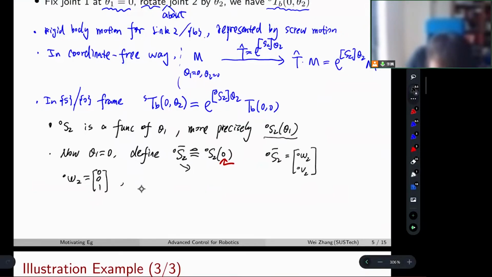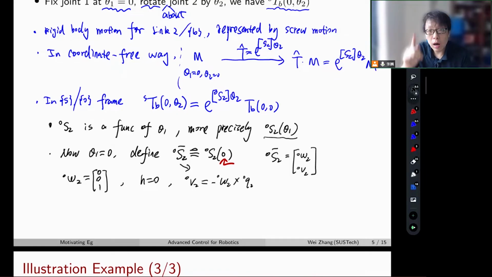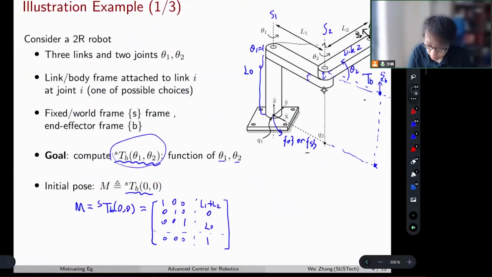Since in this case we know the pitch equals 0, it's only a rotation. Then based on the formula we had before, v2 equals negative omega 2 in 0 cross Q2 in 0, where Q2 is an arbitrary point on this screw axis. We can pick any point on the screw axis, it will all be the same, so I pick this one.